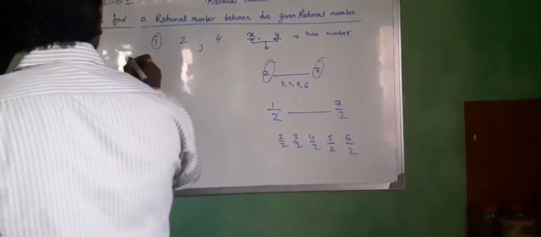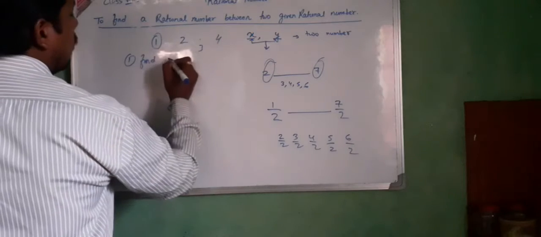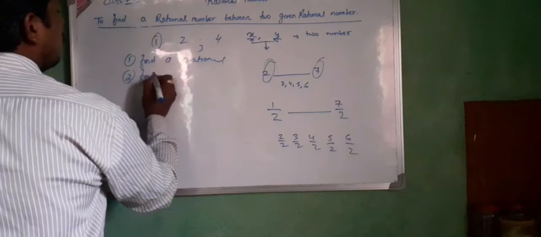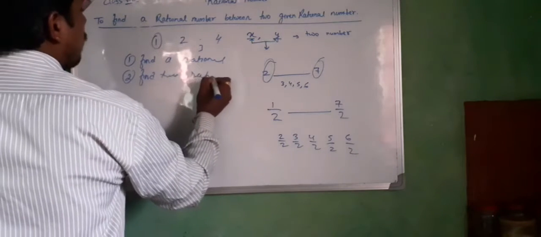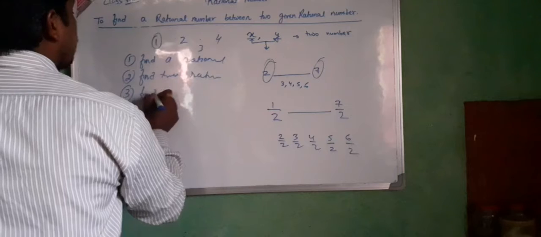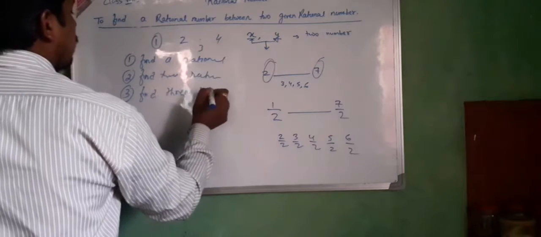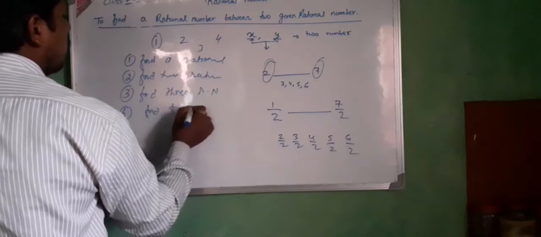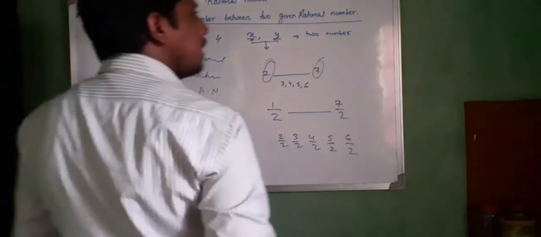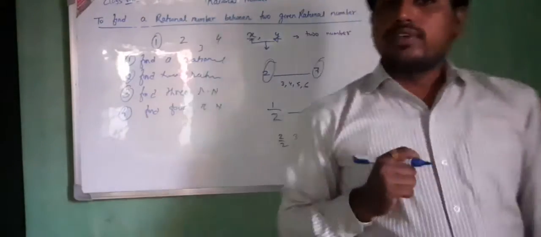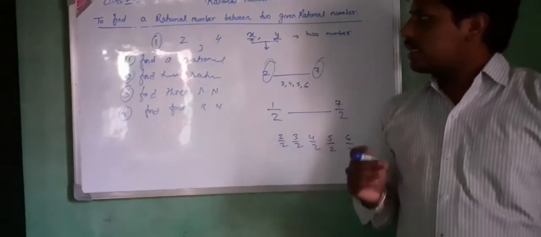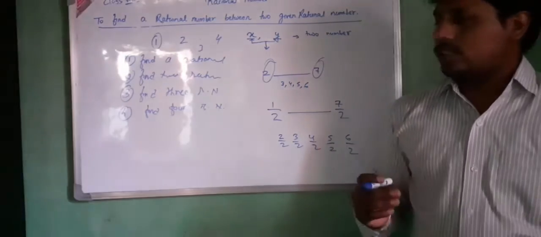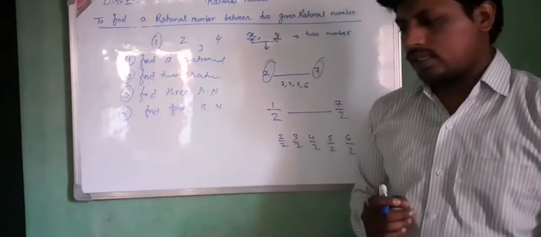Sometimes in a question we will get: find a rational number, sometimes find two, three or four rational numbers. So different questions we will get. Let us take a few examples and try to solve the sums based on this topic.